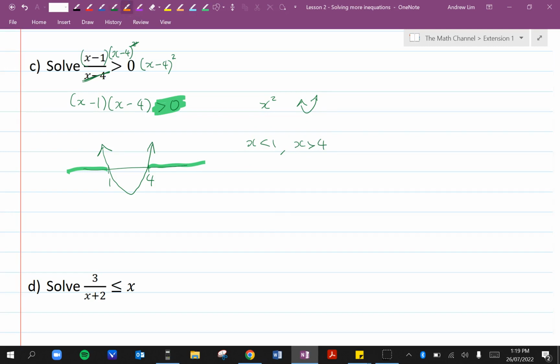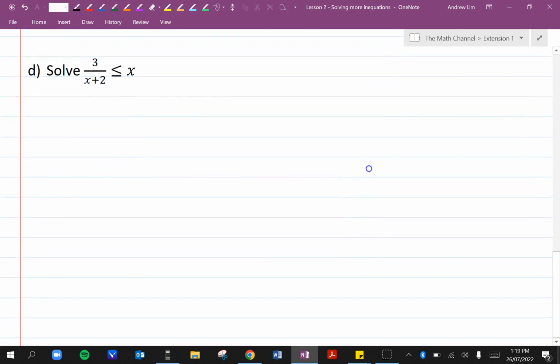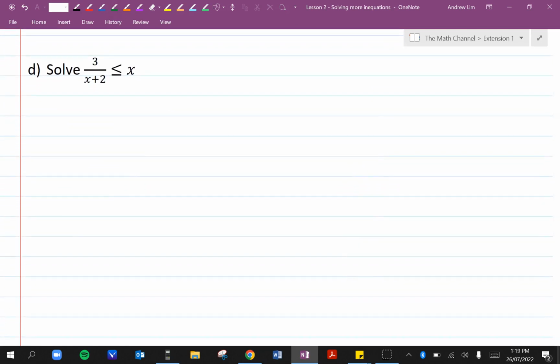Alright, last question for today's video. Same thing as before. We've got an unknown in the denominator, so I need to multiply both sides by the square of the denominator in order to solve this inequality. This cancels with one of these.